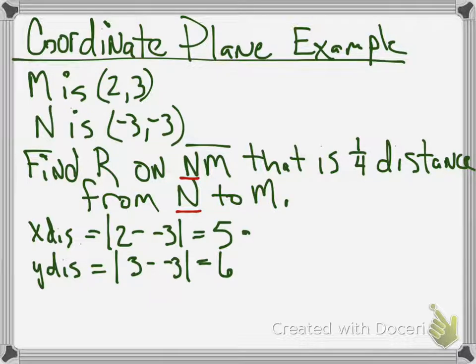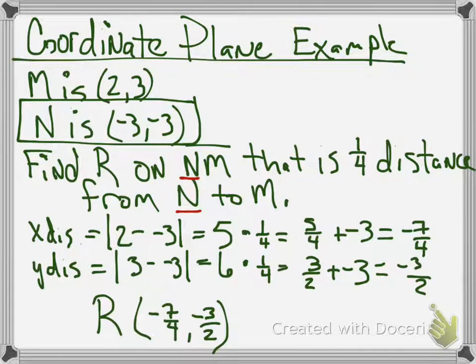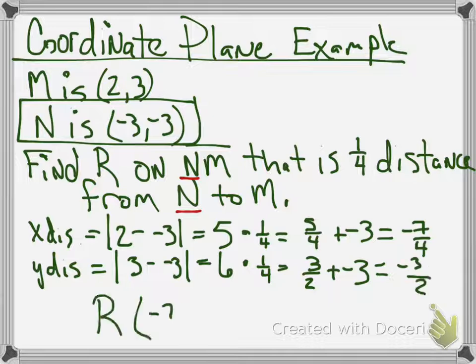Now I'm going to multiply each one of those by 1/4 and I get 5/4, and 3/2. Give me a second here because I totally messed that up. I hate it when I do that. All right, anyways, once I multiply the two distances by 1/4, I got those numbers, and I added them to the N point.